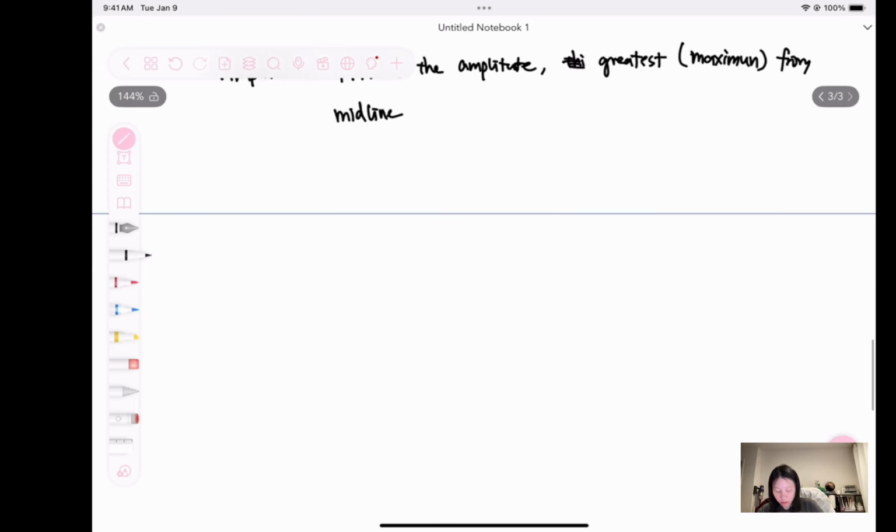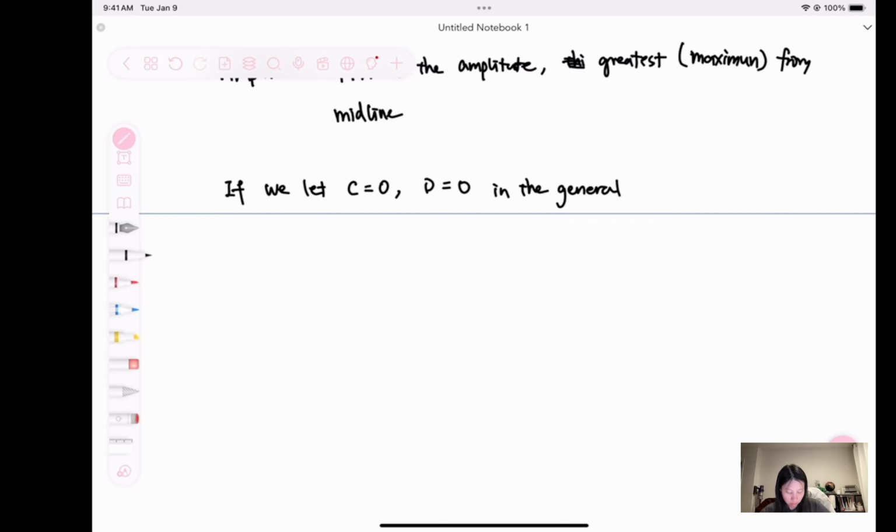Okay, so now in the sinusoidal function, if we let c equal 0 and d also equal 0, because right now we'll just discuss a and b, in the general form of the sine and cosine functions. So we've got y equals a times sine bx, and y equals a times cosine bx.